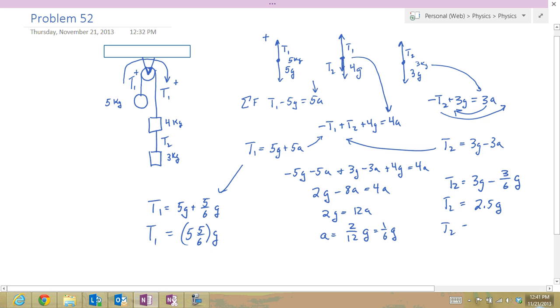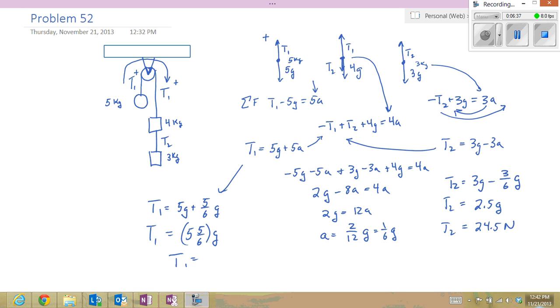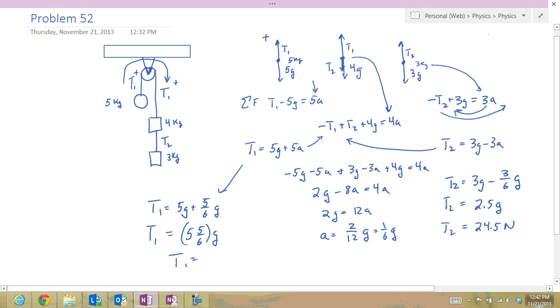So T2 is going to equal 24.5 newtons, and T1 is going to equal, let's see, 57.2 newtons.